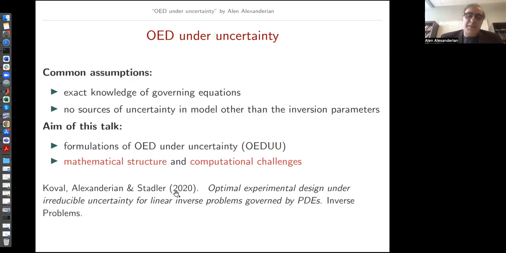We will in fact focus on what we did in this paper from a couple of years ago on design of linear inverse problems, where we can write closed form expressions for measures of posterior uncertainty, and just understand. It's more accessible, and we can also examine the mathematical structure and computational challenges. So that's the game plan for this talk.